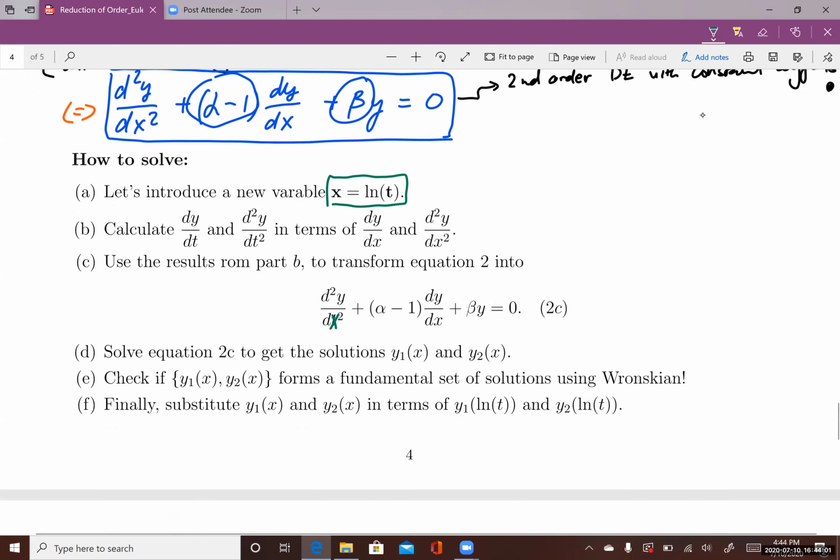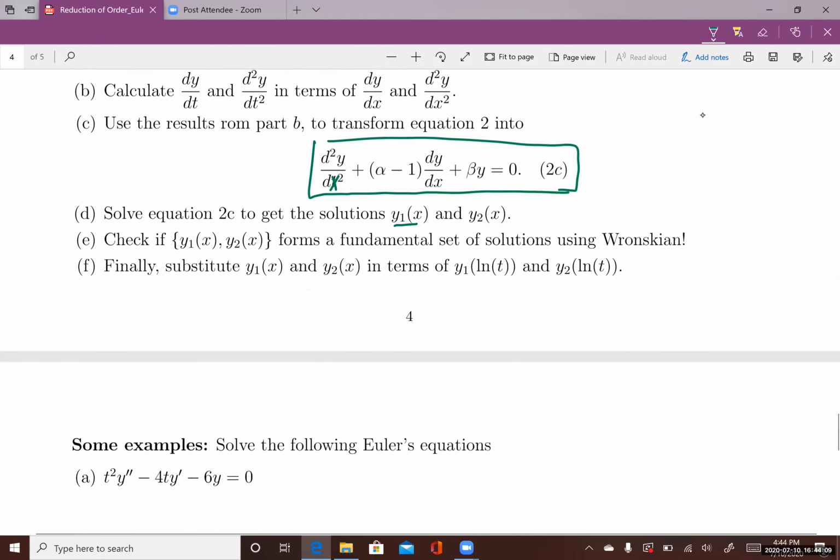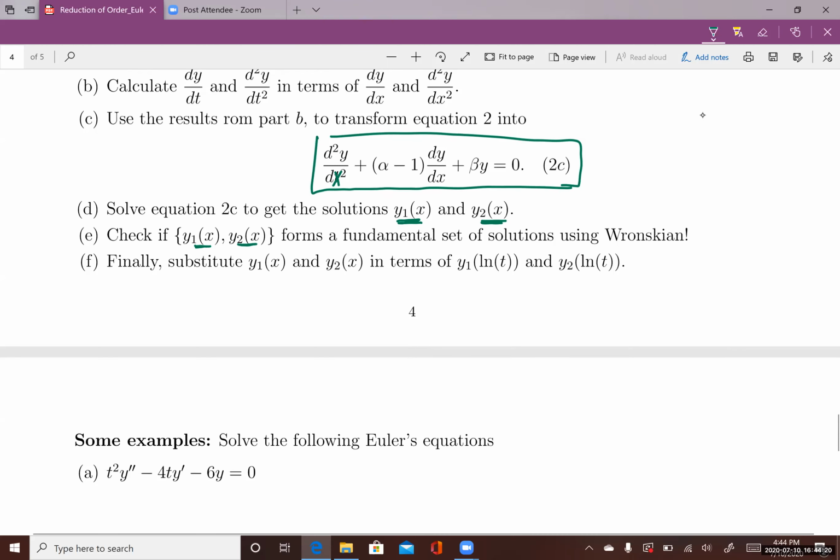And once you have this new equation, you can solve for y in terms of x. You can check whether these two functions form a fundamental set of solutions, and then you can substitute x by natural log of t to get your final answers, two functions.